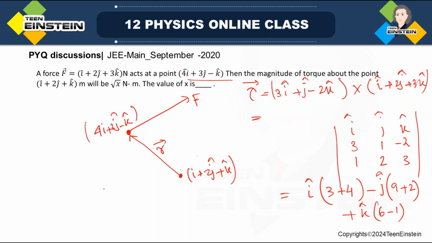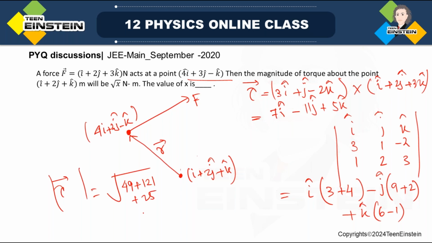So what is the torque you get? You get 7 i cap minus 11 j cap plus 5 k cap. Now you have to get the mod of that. So mod of that will be square root of 49 plus 121 plus 25.